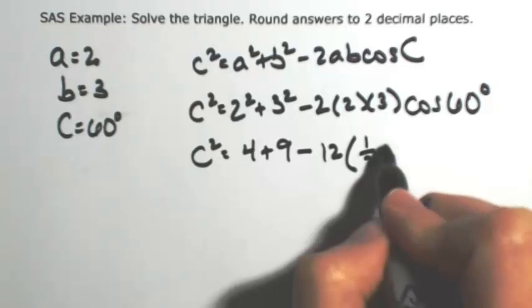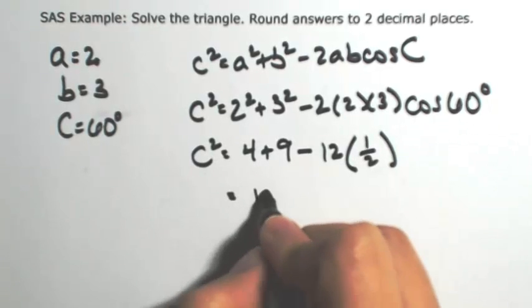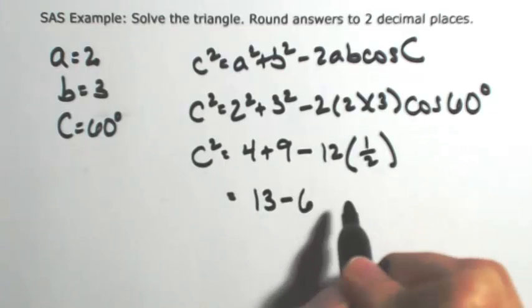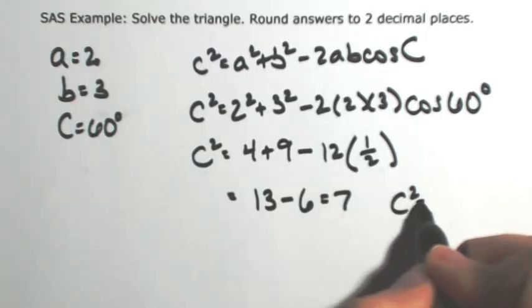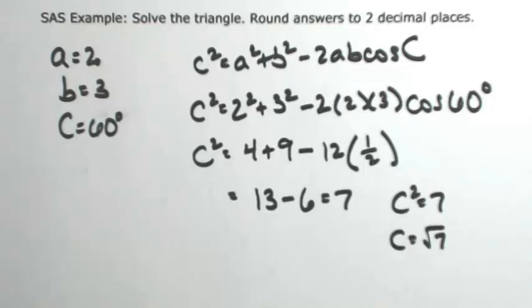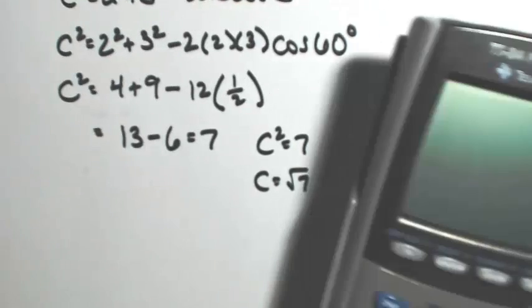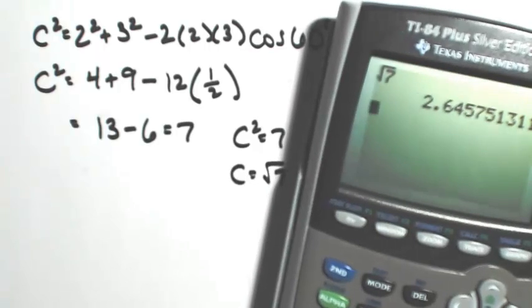Cosine of 60 degrees is 1/2. So I get 13 minus 6, or 7. So c squared is 7. So that means that c is square root of 7. And rounding that, it's about 2.65.